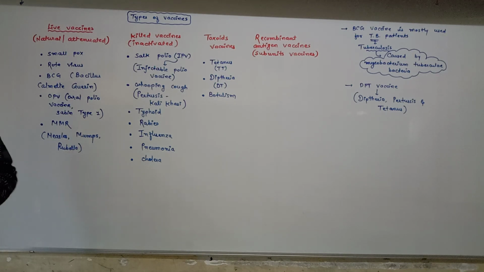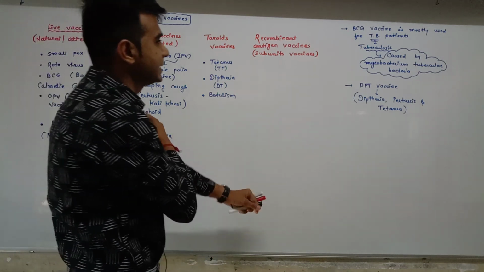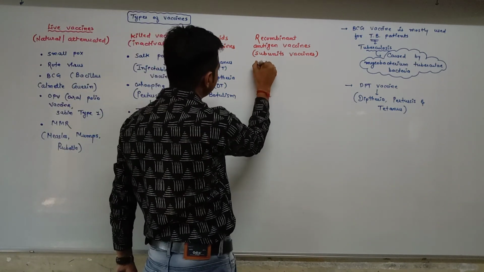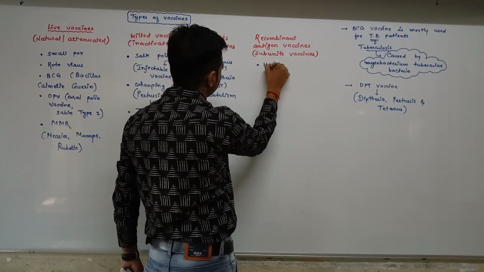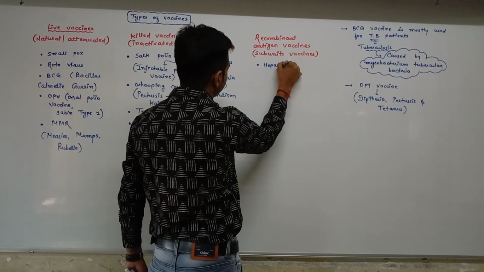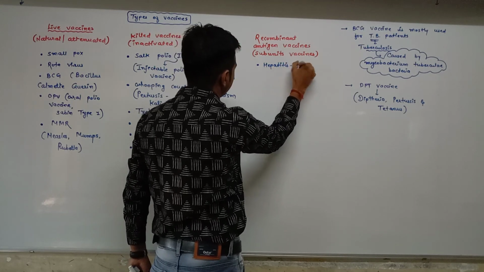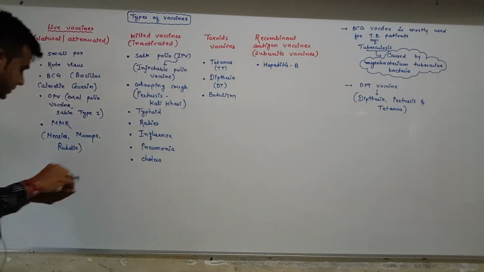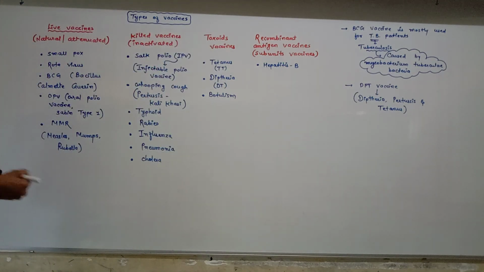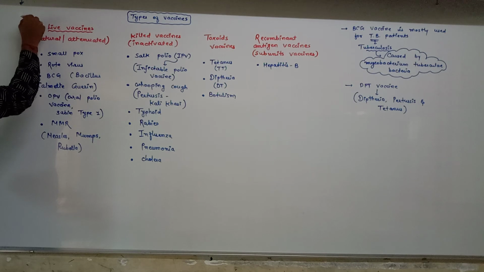And recombinant antigen vaccine, that is hepatitis B. So this is the very important types of vaccine table for you.